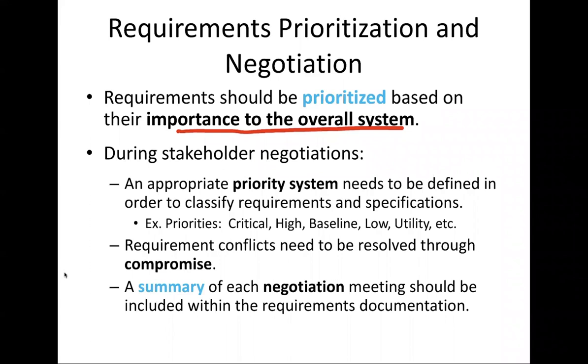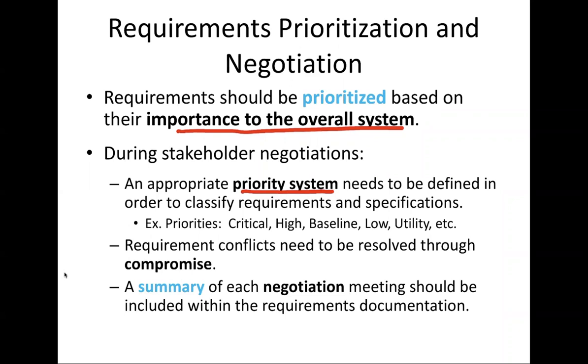So we have different strategies, which I will talk about later, for how to prioritize requirements. Now, assume you came up with a priority system that defines different priorities for each requirement. When there is a conflict between the requirements and there is a negotiation stage between requirements, please keep in mind that the priority system should be clearly defined. It could be according to different levels or different classifications.